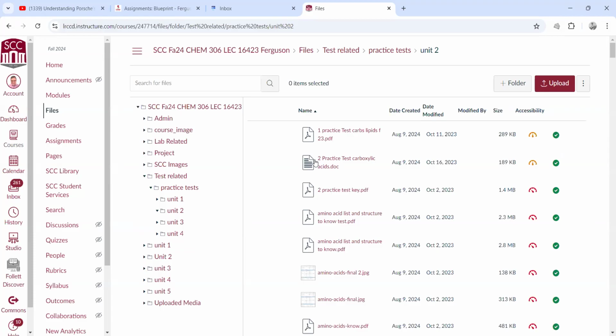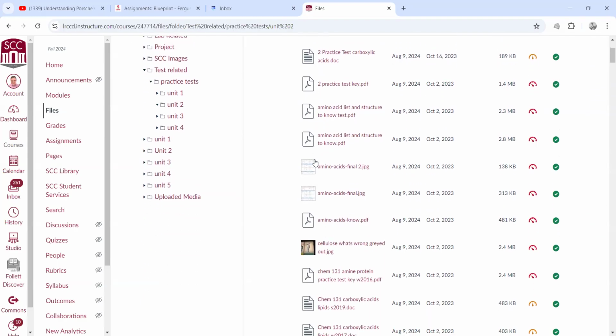There are amino acid practice tests here, and that's from when I only had 3 units. I included the carboxylic acid unit as unit 2, but you just skip down to it.